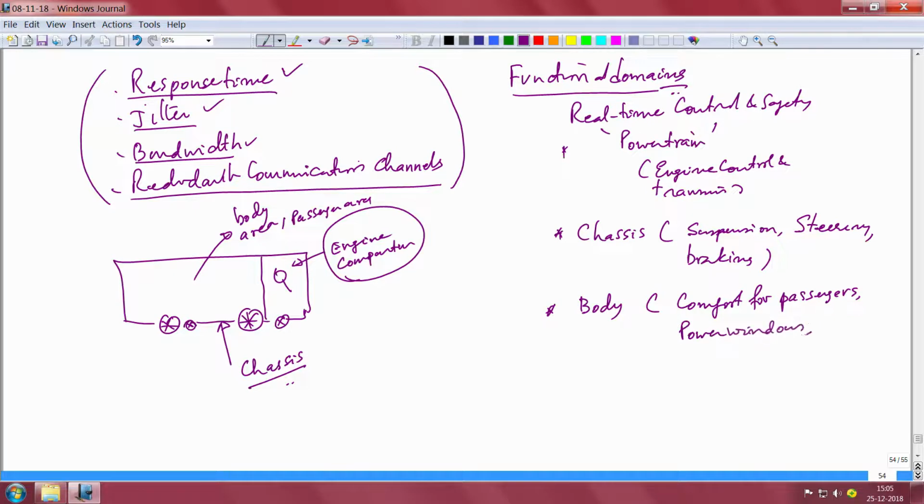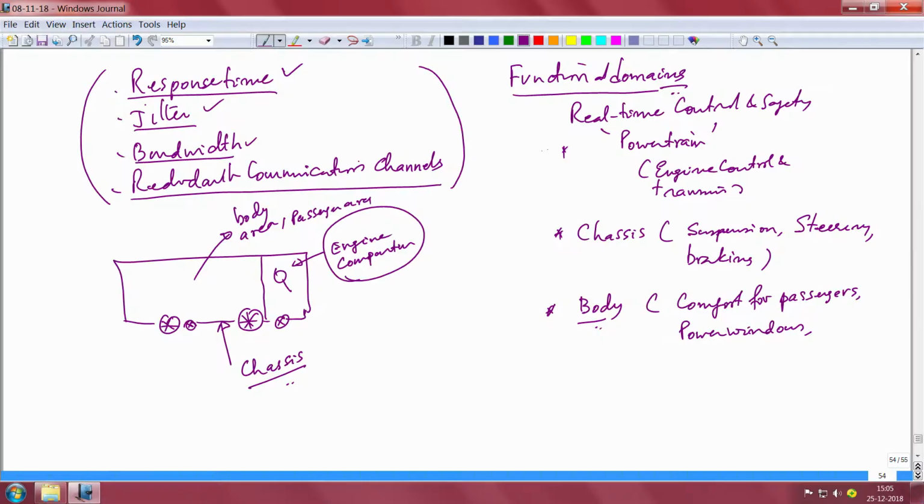And if you open the door, there is a light in the dark when you want to get off, you need some light on where you are likely to put your foot. So, there is a door lamp, and then there is a ceiling lamp. All these are part of body, comfort for passengers. Then you have power windows, lamps, LED lighting, music, entertainment, and of course the boot space switch, that is, you press the switch, the boot opens up so that you can pull out your luggage. That function, all of that, is part of body.